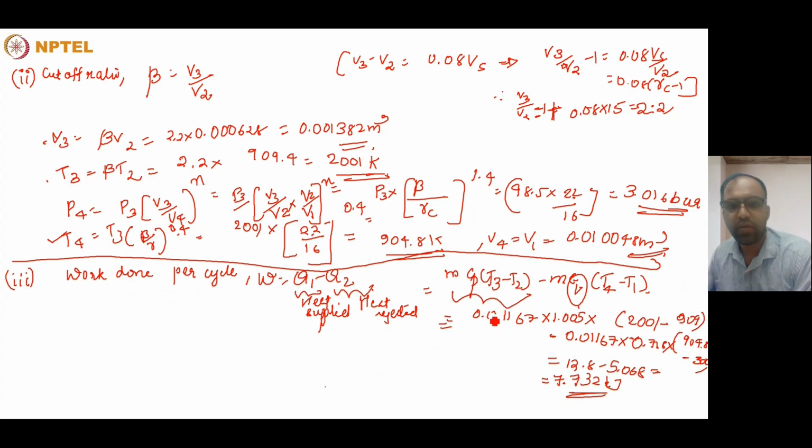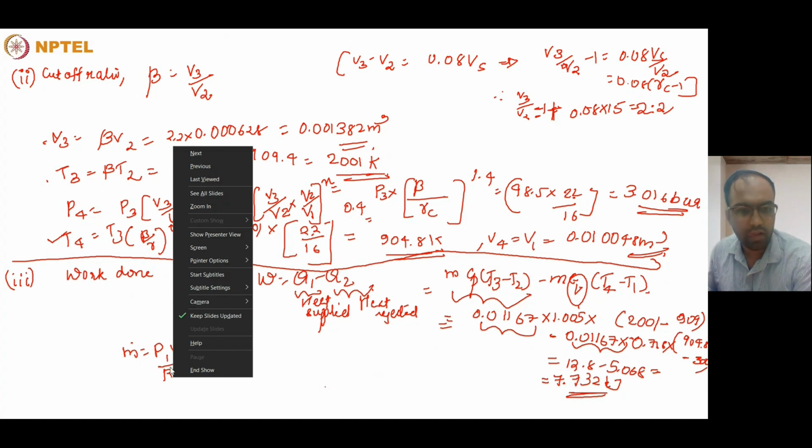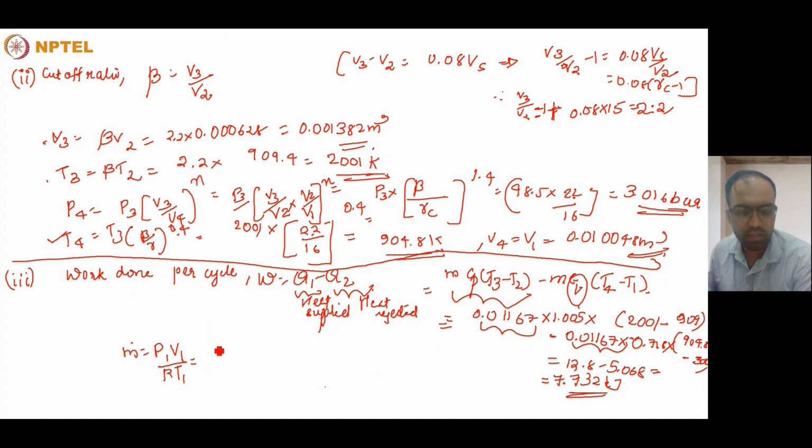This mass of air we can calculate using the standard ideal gas equation, m equal to P1 V1 divided by R T1.